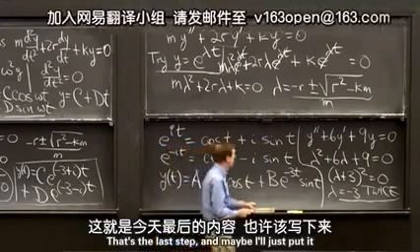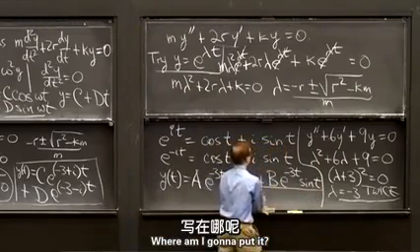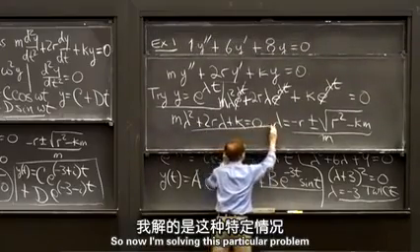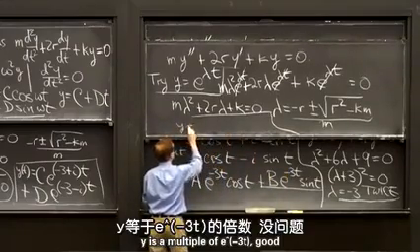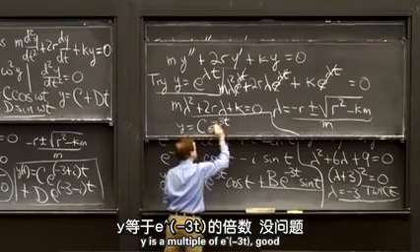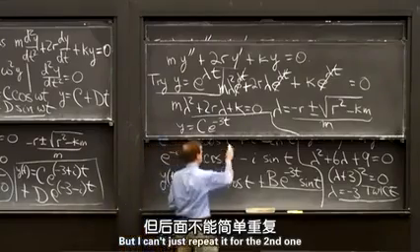That's the last step, and maybe I just put it, well, where am I going to put it? I'll bring this down and just put it here. So now I'm solving this particular problem. y is a multiple of e to the minus 3t. Good. But I can't just repeat it for the second one.